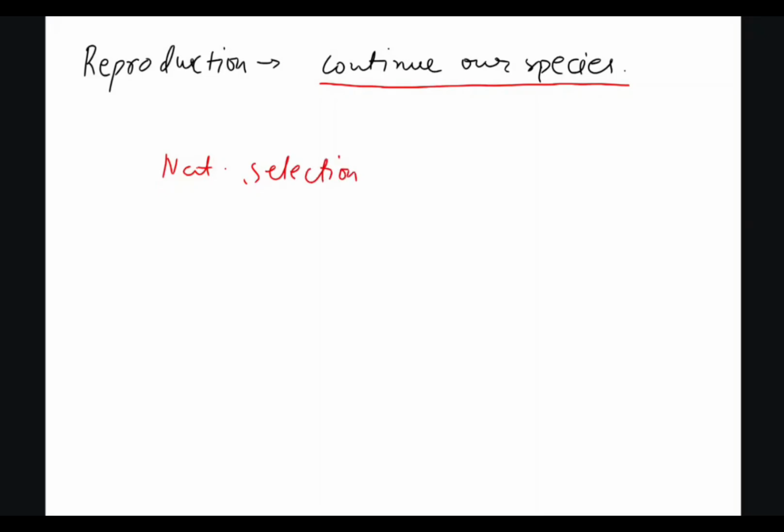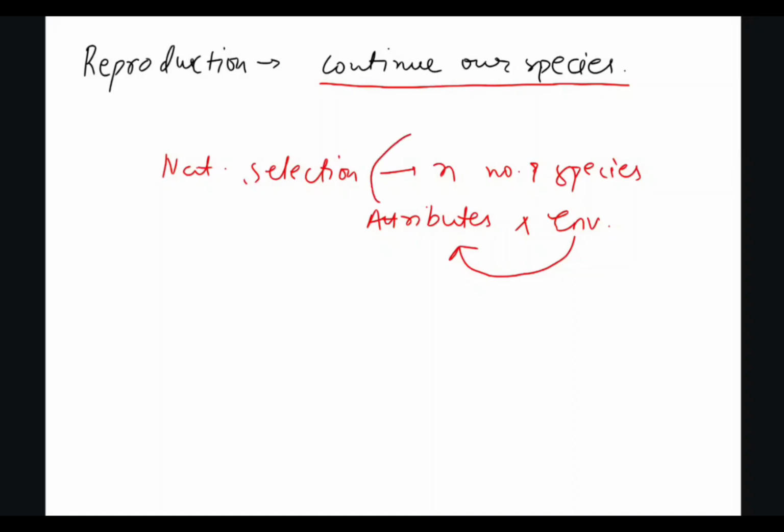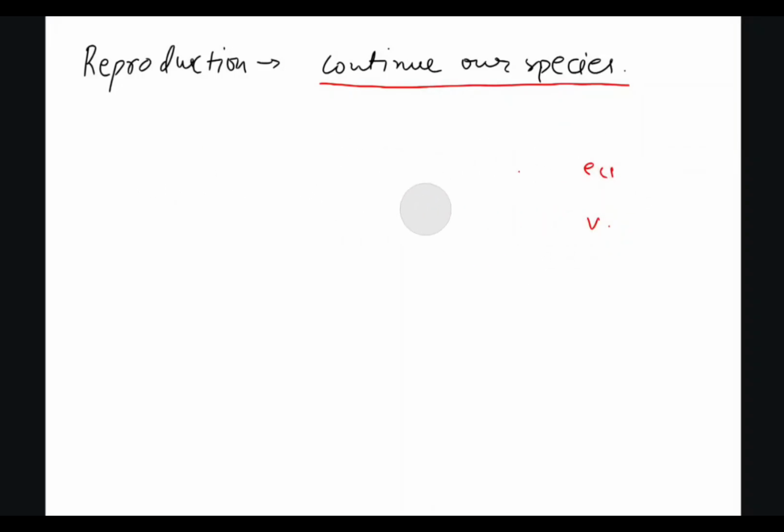Natural selection tells us that if there are n number of species, depending on their attributes, when they cross with the environment, certain attributes of certain species will be suitable for this particular environment, and then they would continue, otherwise they won't. So reproduction was meant for the continuation of a species, right?